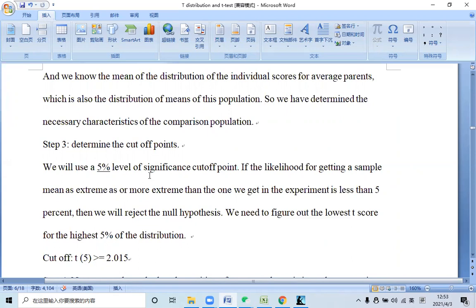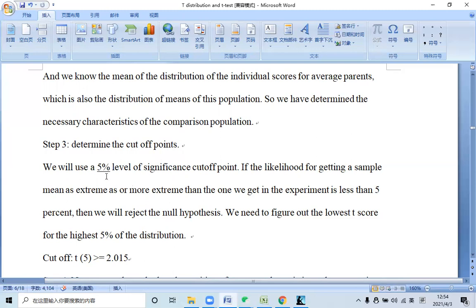If there's no difference between average parents and single parents, then the probability that we see this big difference, 2 hours versus 3 hours, is less than 5%. That means the null hypothesis is unlikely to be true. We reject the null hypothesis.